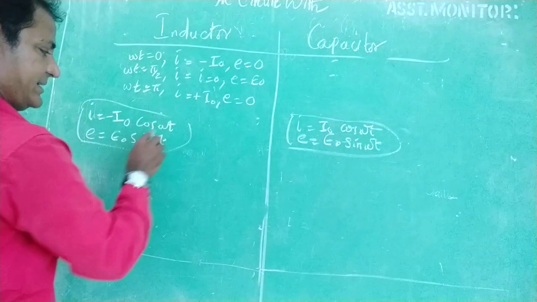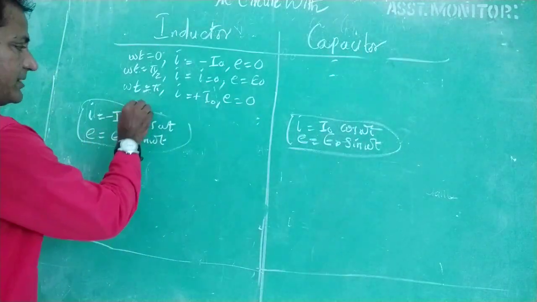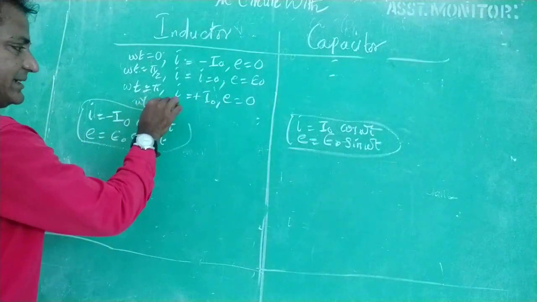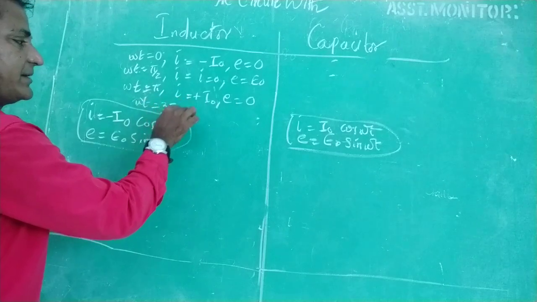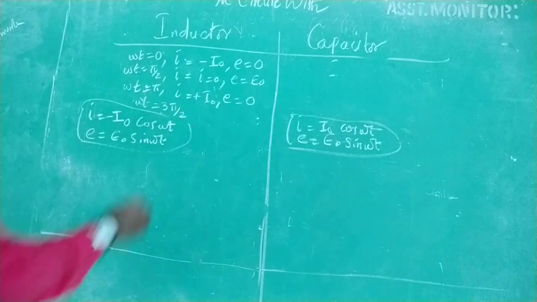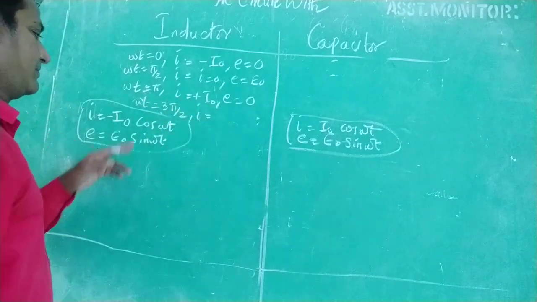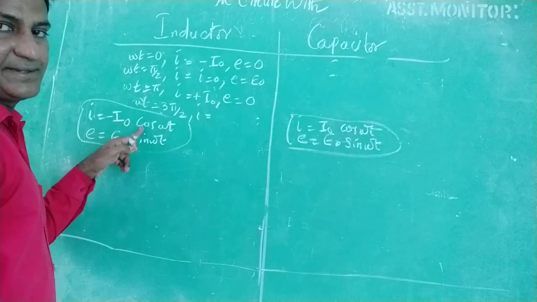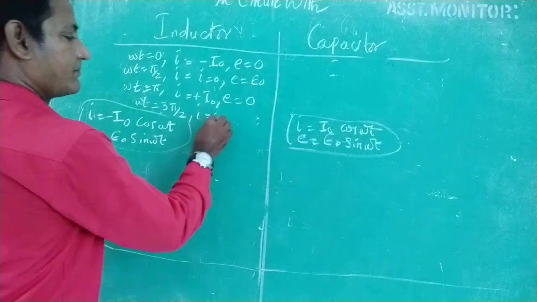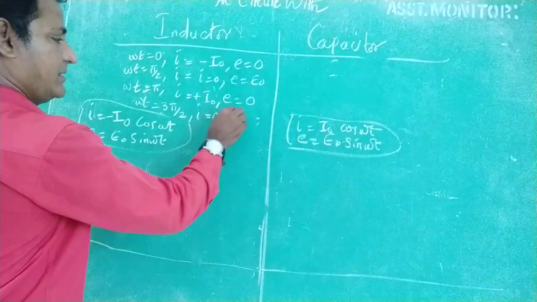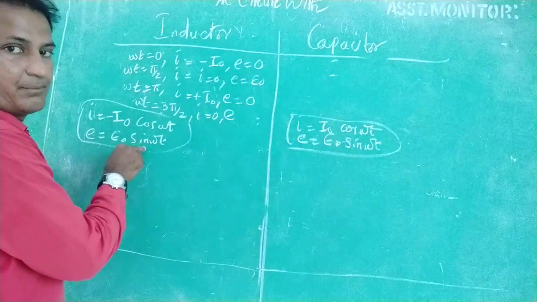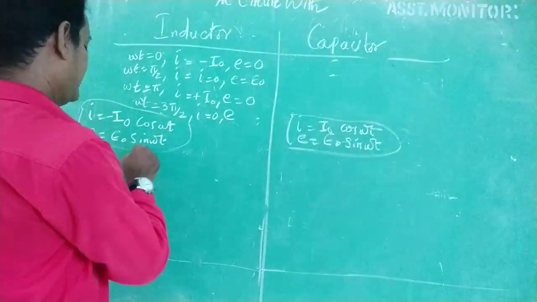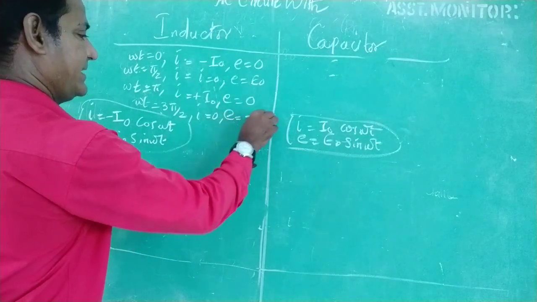When omega t is equal to 270, that is 3 pi by 2, cos 270 is 0, so I is equal to 0. Sin 270 is minus 1, so E equal to minus E naught.